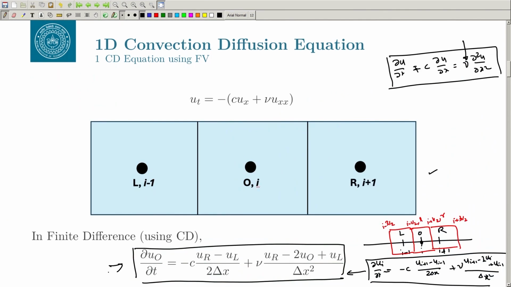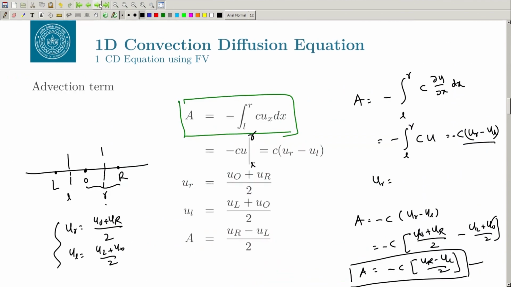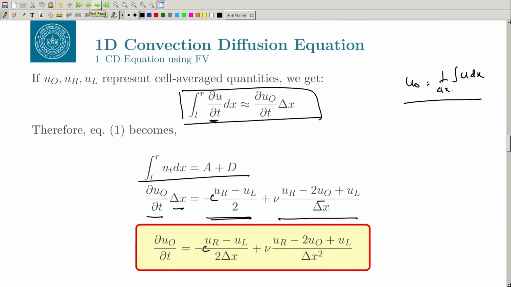Okay. So, the finite difference expression also gives you the same thing, right. So, if the grid is uniform one dimensional, then the finite difference and finite volume basically result in the same thing, okay, for 1D uniform grid. Okay.